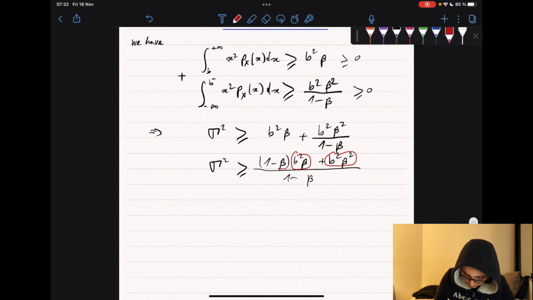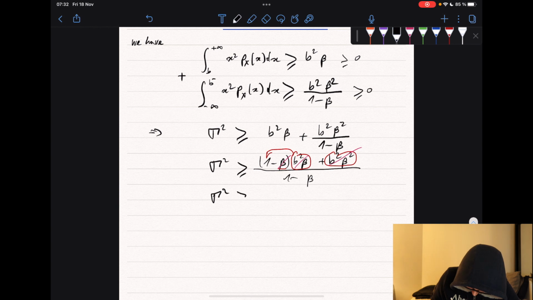In the end, we keep the multiplication of these two terms, and the other term will zero out with this one. Then we can write that sigma squared is higher than or equal to b squared beta over 1 minus beta. This is the final conclusion for this part of the equation.